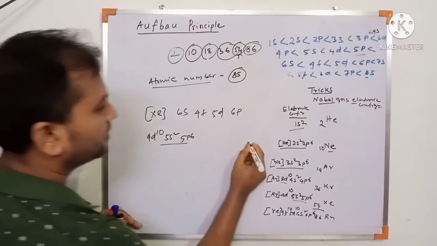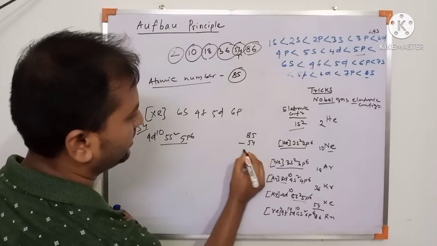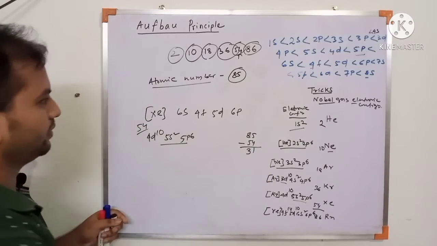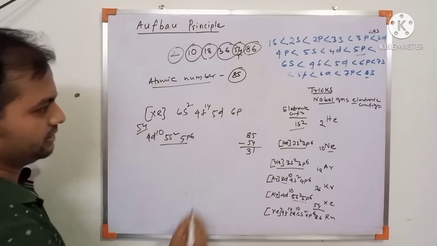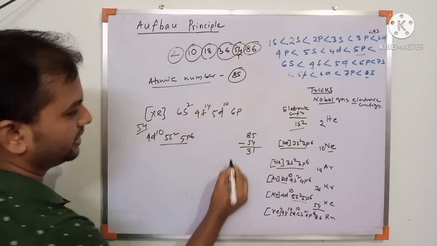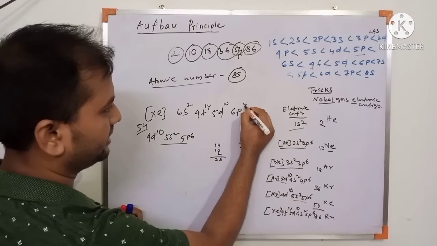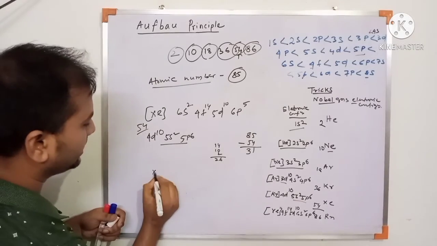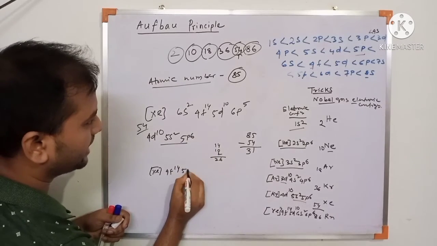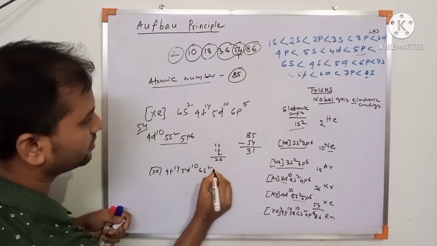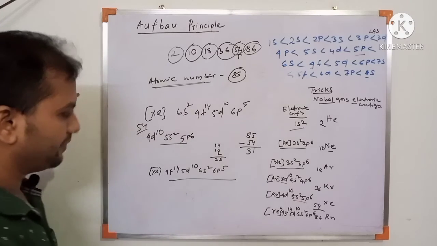Subtract 85 minus 54, which is 31. Now s fills 2, f 14, and d 10. That is 26, and remaining 5 go to p. So the general electronic configuration is xenon, 4f14, then 5d10, then 6s2, then 6p5. This is the answer for the electronic configuration of atomic number 85.